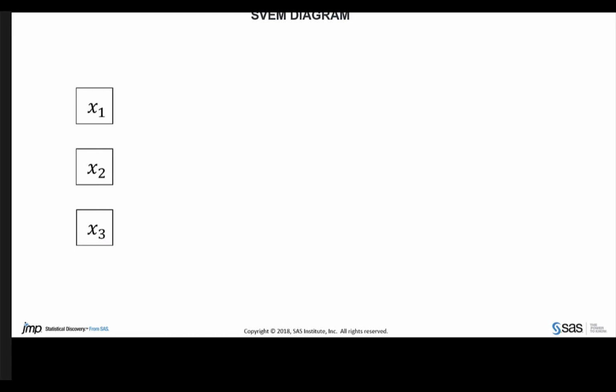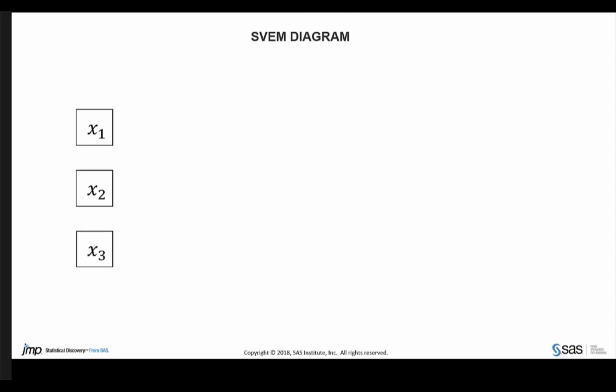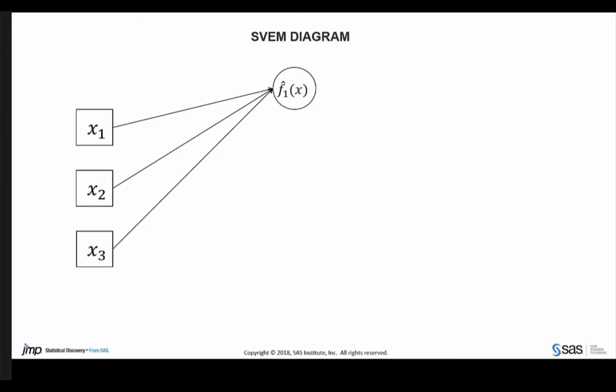So when we're modeling with SVEM, what we do is we have our original data, our input variables, and our responses. We create our training and validation weight pairs. Then we fit some statistical model to the weighted data and save its prediction formula. This could be a model of almost any kind. So it could be a linear model, it could be a response surface model, a support vector machine, a neural network, it could be kind of anything.